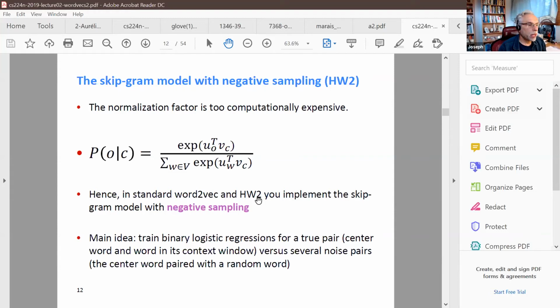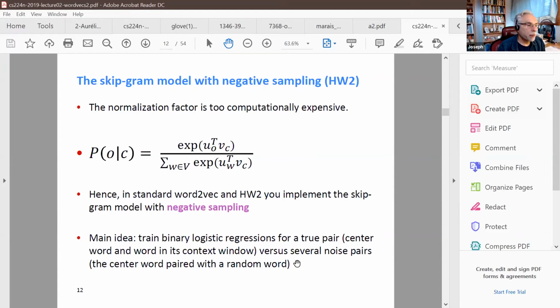So they implement the skipgram model. Word2vec is basically the skipgram model. That is, it's predicting the context words given the center word, and it's doing that with negative sampling.